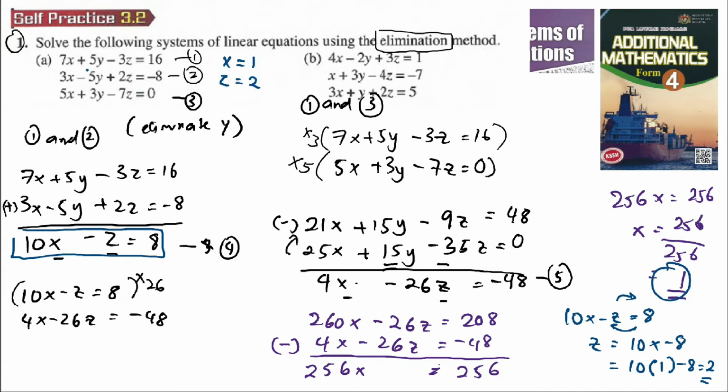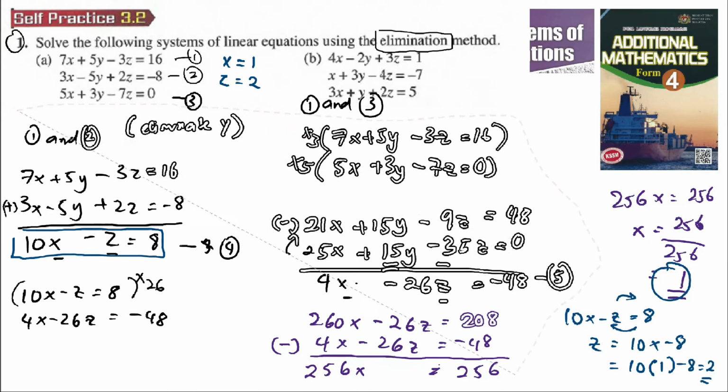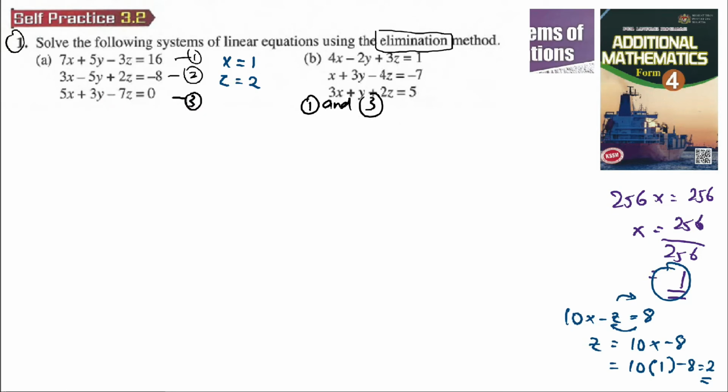So here you can substitute in any of equations 1 to 3 to get the value of y. Anyone that you want to use, or the one with the easier y. So I think this is the same. So only is 3, 5x plus 3y minus 7z is equal to 0. So here 3y is equal to, I bring everything to the right.